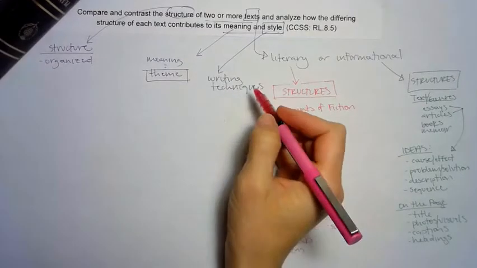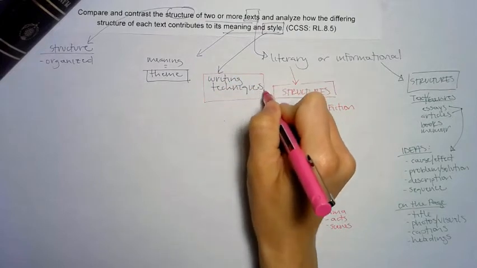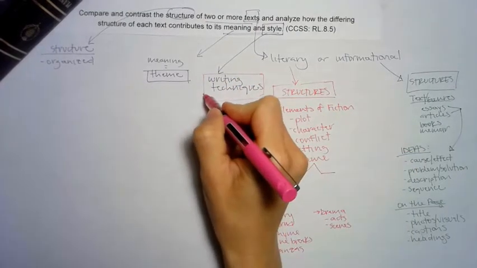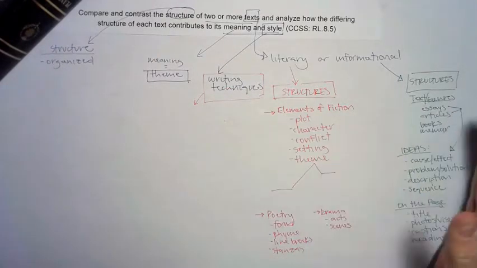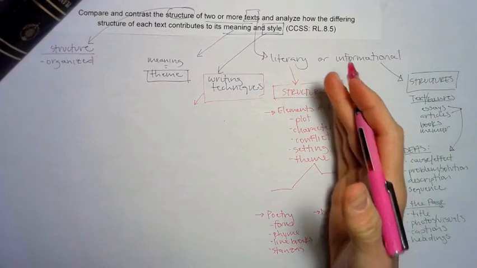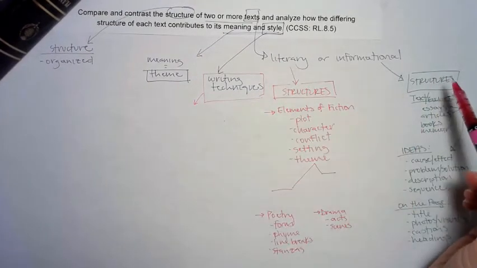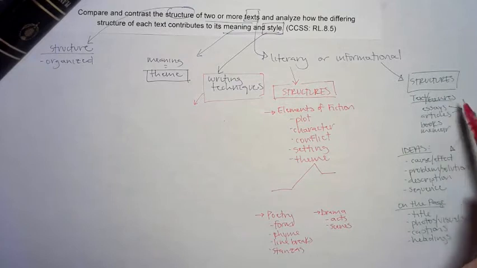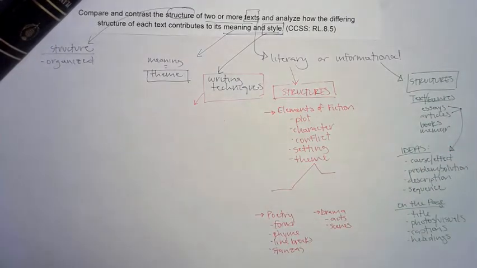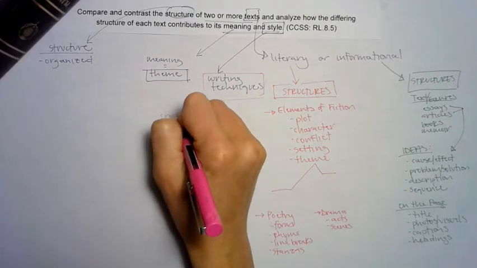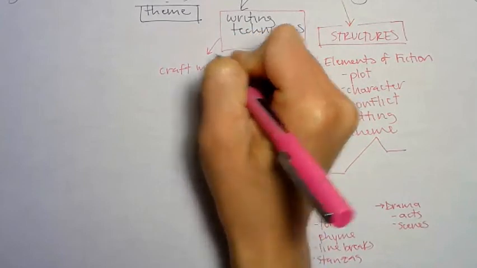So when we think about writing techniques, these are choices that the writer takes, or choices that the writer makes in either case. If you're a writer, if you're a novelist, so that makes you a literary writer, you're doing this. If you are an essayist or a journalist, maybe you're writing more informational text, you're also making these choices. Different writing techniques, which you might also hear me call craft moves.